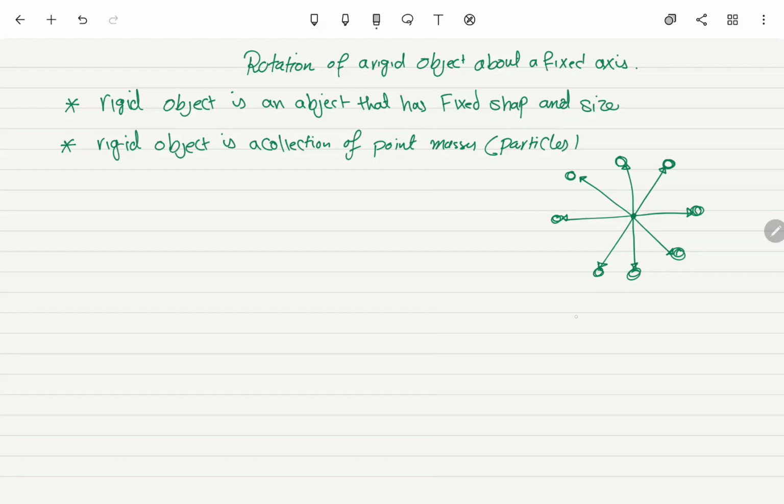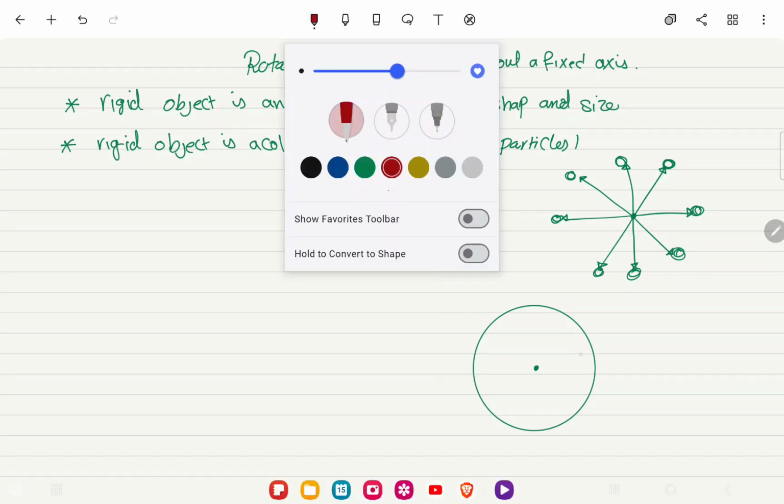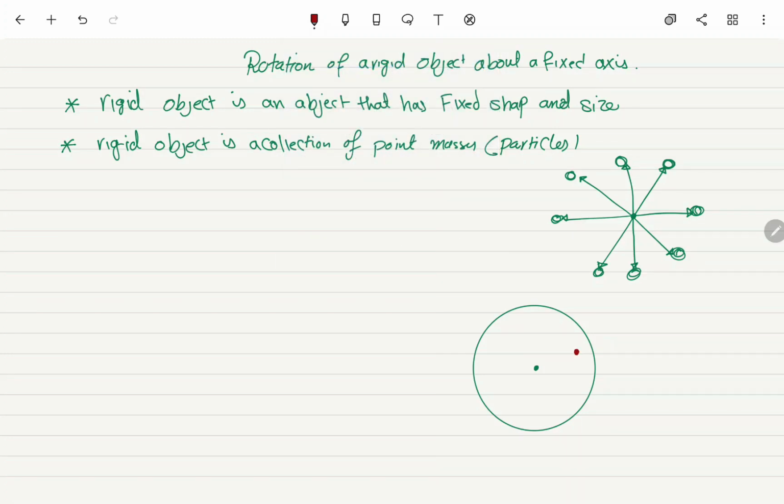Let's consider this case here. We have a disk rotating, centered around the z-axis, which is perpendicular to the plane of the page. If we take a point on the disk, and this is the x-axis and this is the y-axis, let's name this point P. The position of this point on the disk is r, making angle theta.